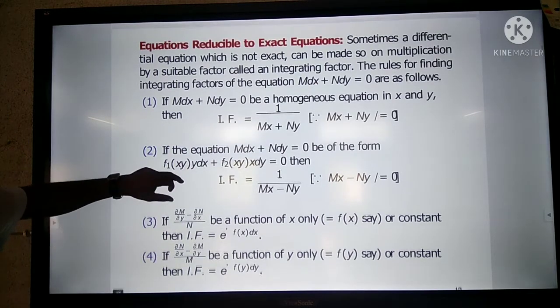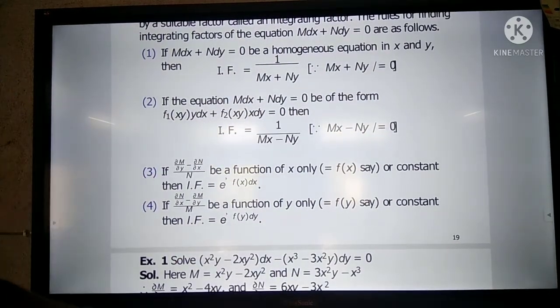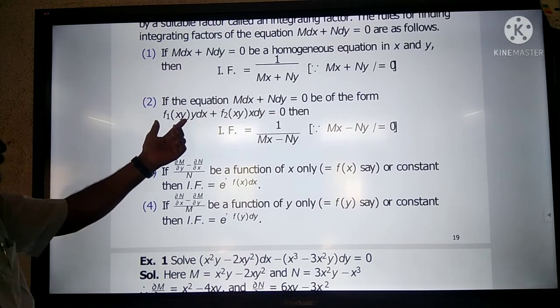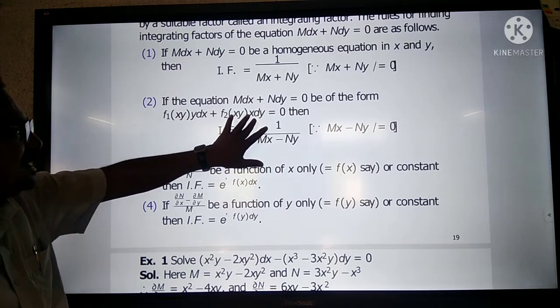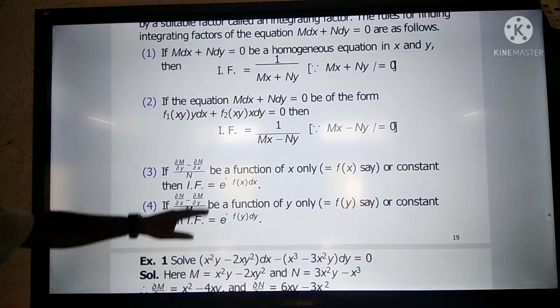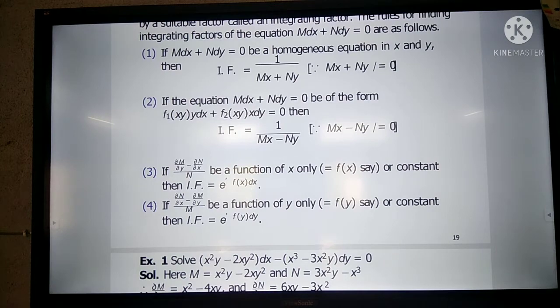Second, if the equation M dx plus N dy equals 0 is of the form f(xy) y dx plus g(xy) x dy equals 0, then its integrating factor is 1 upon (Mx minus Ny).